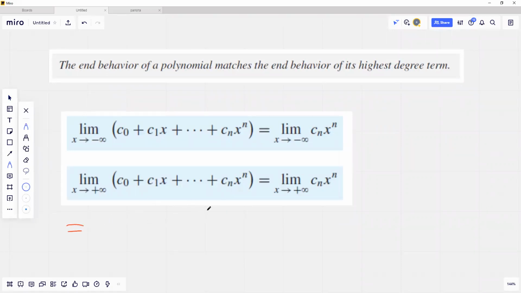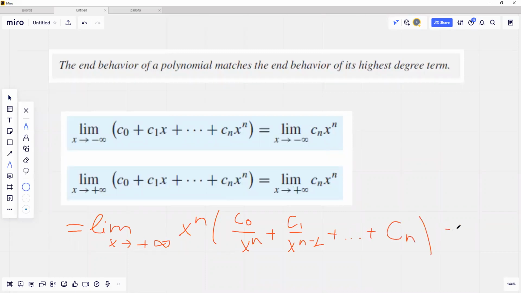Let's factor x to the power of n out of brackets. So we will end up with c0 over x to the power of n plus c1 over x to the power of n minus 1, and so on. So the only free term is going to be cn.